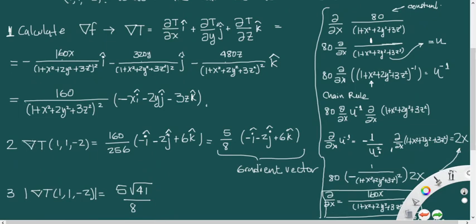So now we have this formula here. Now the next step is to evaluate the gradient vector at the point 1, 1, -2.